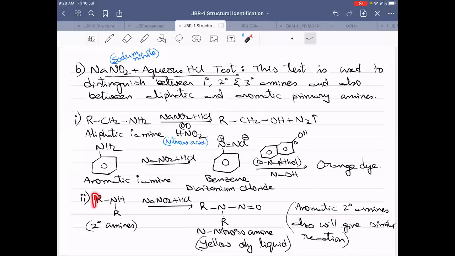Only thing is, in place of one alkyl group, you take one phenyl group. So this is also a yellow oily liquid. So the same result will be obtained by both aliphatic and aromatic secondary amines. So formation of a yellow oily liquid itself will indicate the presence of secondary amines, aliphatic and also aromatic. Okay, take down.